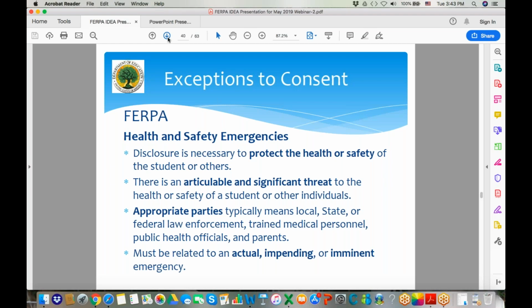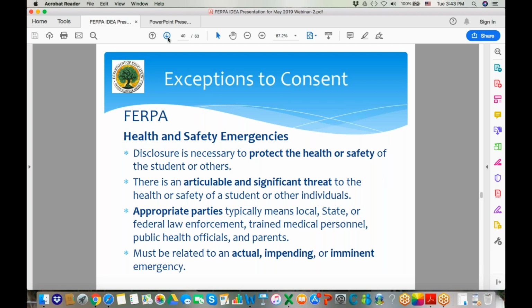Under that health and safety emergency, who can be informed or provided information without consent? We say appropriate parties, and that can mean state, local, or federal law enforcement, and trained medical personnel. If it's a college-age student, it could be disclosures to the parents. But it's really that the school can make a disclosure as needed to prevent the catastrophe from happening.